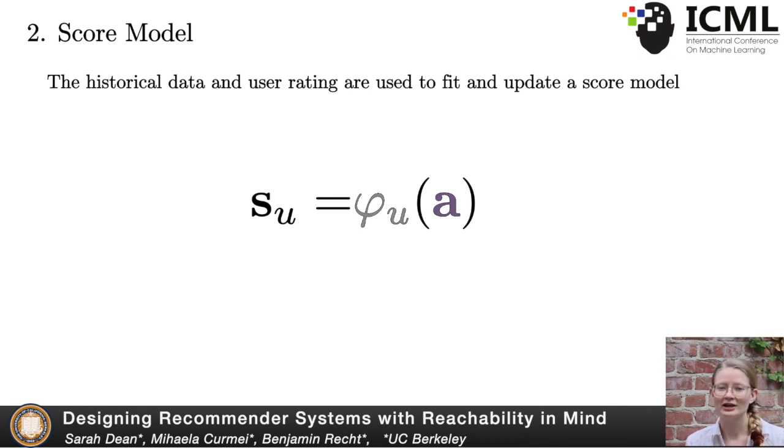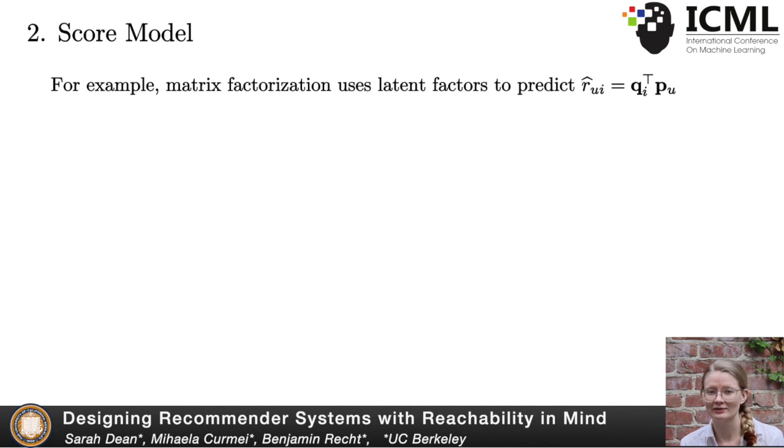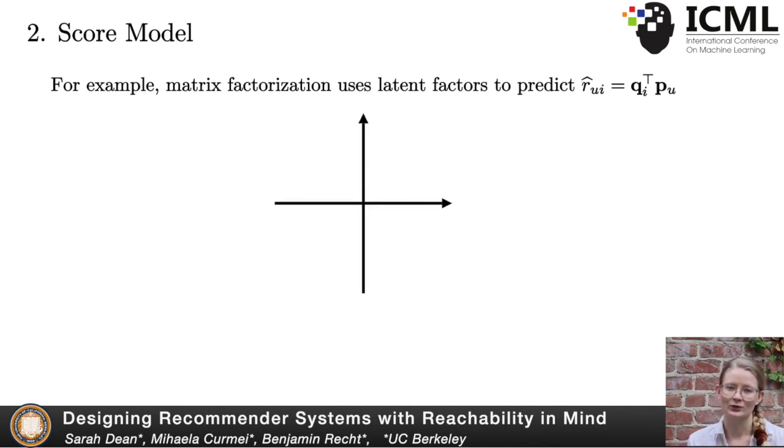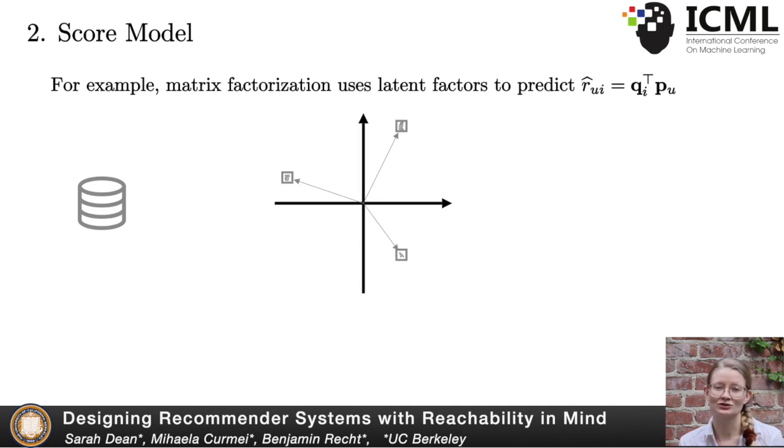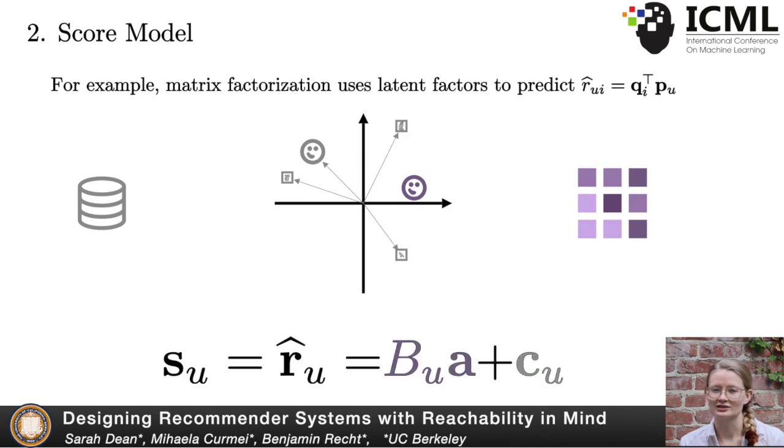For example, matrix factorization models predict ratings as the inner product of item and user factors. These factors live in a latent space with initial values determined by historical data for both items and users. When users take actions, their latent factor is updated. For a large class of preference models, this process results in a linear score update rule.